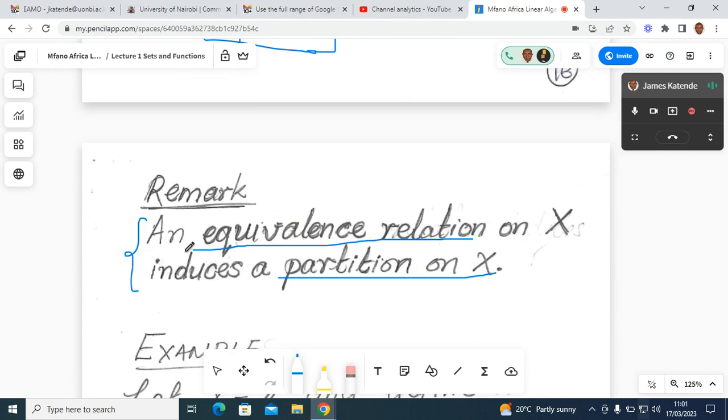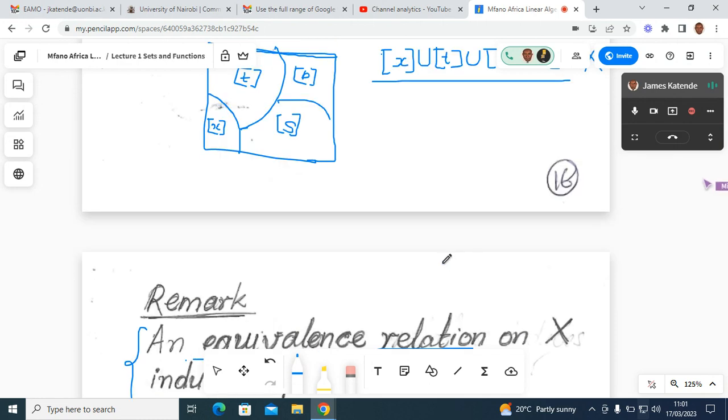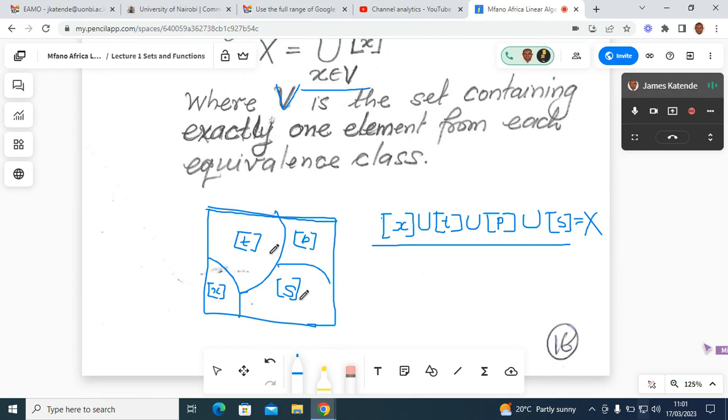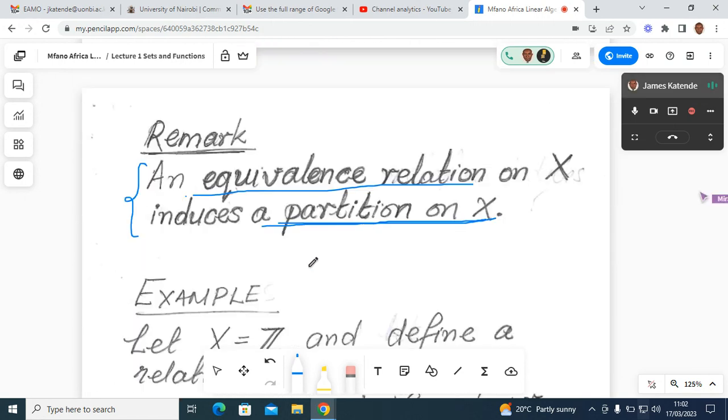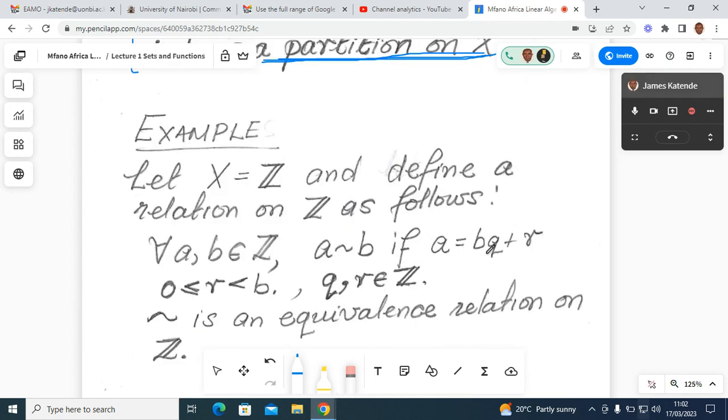We've also seen that it breaks X into disjoint subsets, sets that have nothing in common, and that means that's a partition of the set. Also, if you already have a partition, you can define an equivalence relation that is induced by that partition. But we won't work on that.